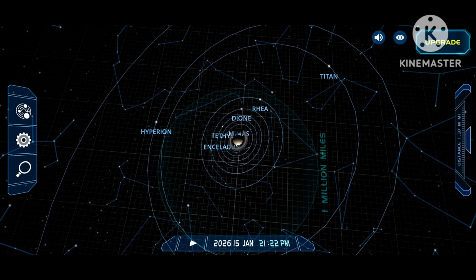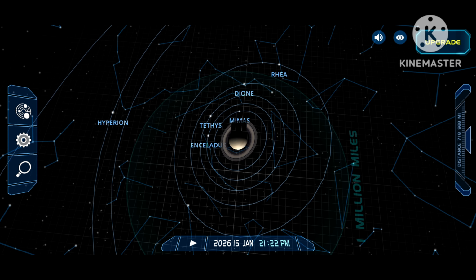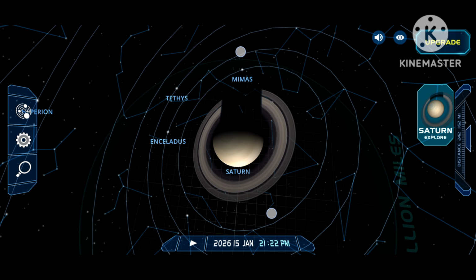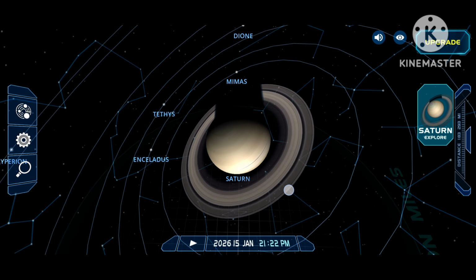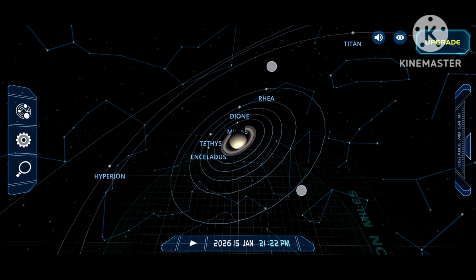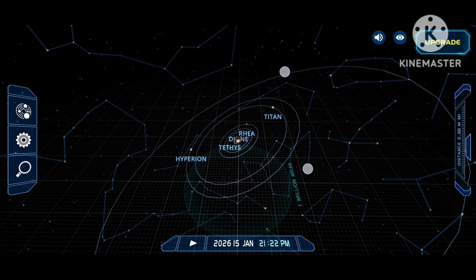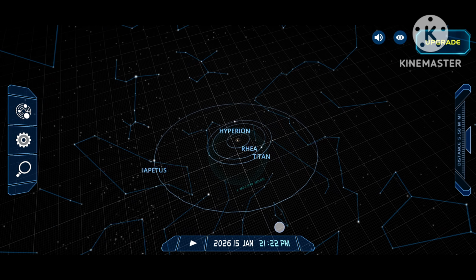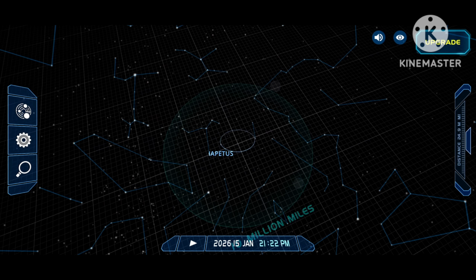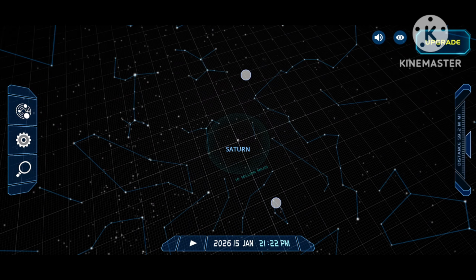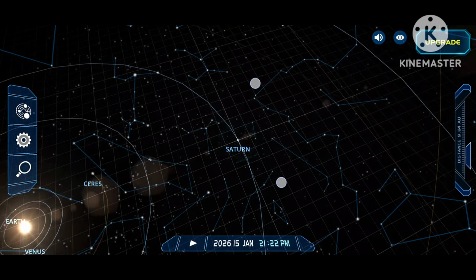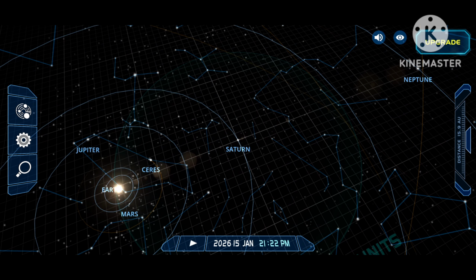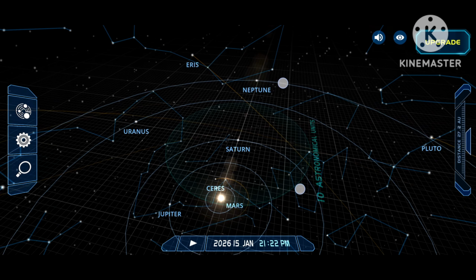Titan is there, Hyperion is there, Rhea is there, Dione is there, Tethys is there, Mimas is there, Claudius is there. Iapetus is there. These are some natural satellites of Saturn. Now we will move further and see Uranus.